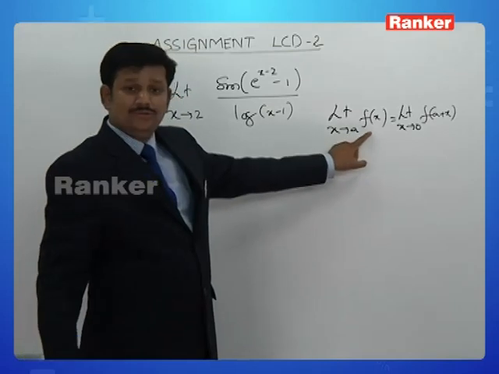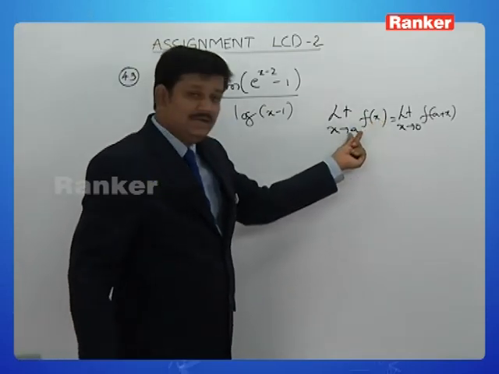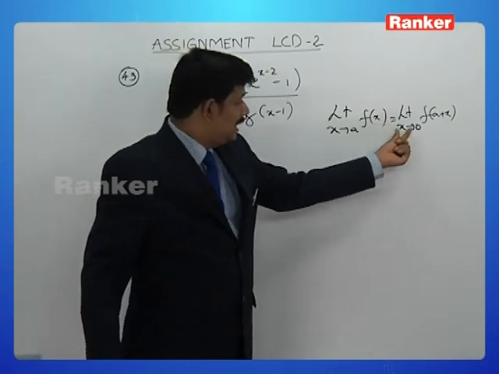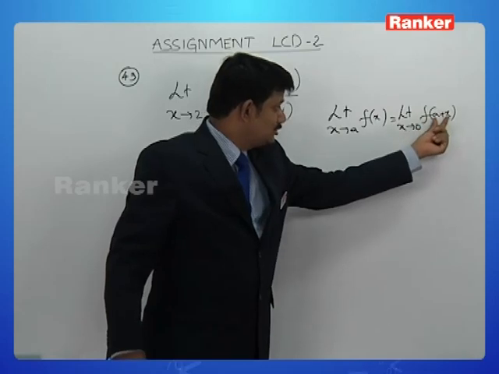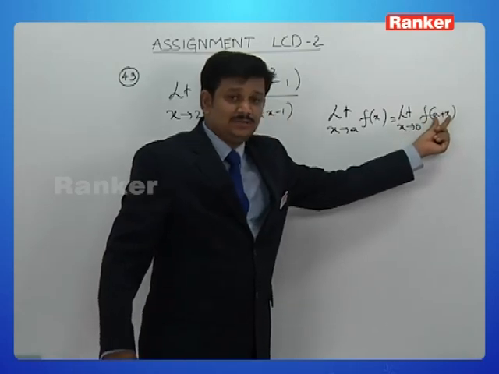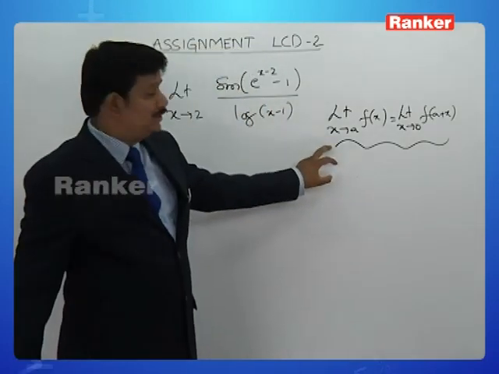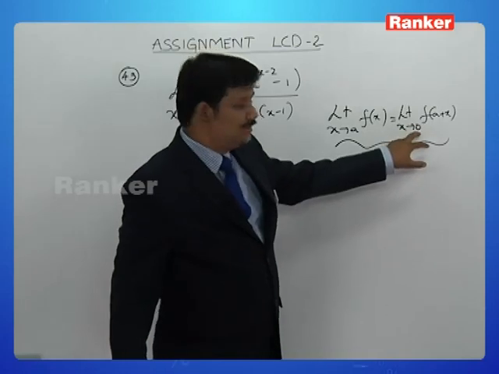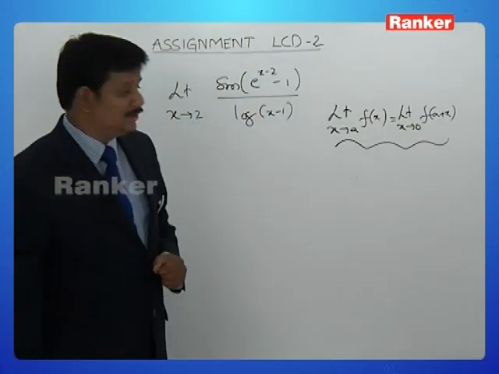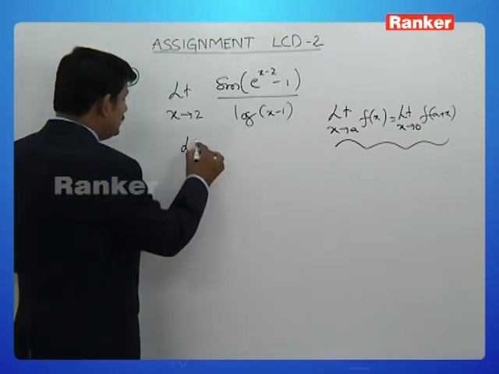In the limit as x tends to a of f of x, the quantity inside f is tending to a, and in the limit as x tends to 0 of f of a plus x, the quantity inside f is again tending to a. So, these two limits are one and the same. Whenever we want to convert a limit as x tends to a to a limit as x tends to 0, this is a very useful identity. So, let us convert this limit into limit as x tends to 0 format.